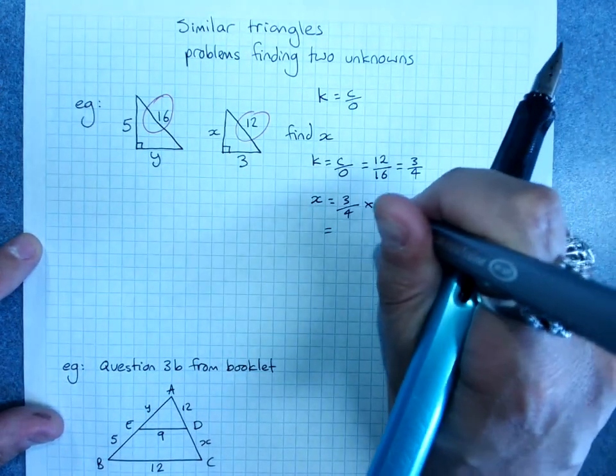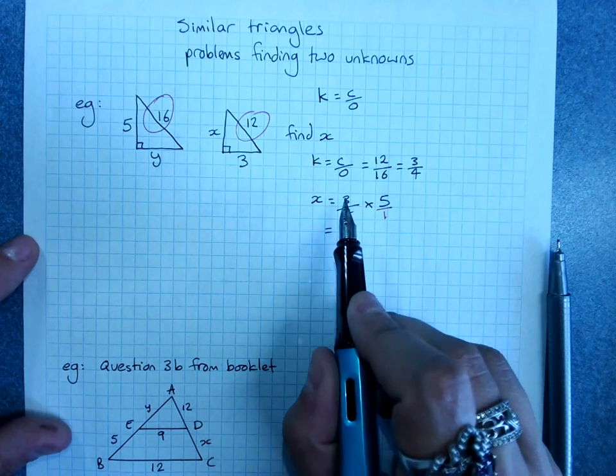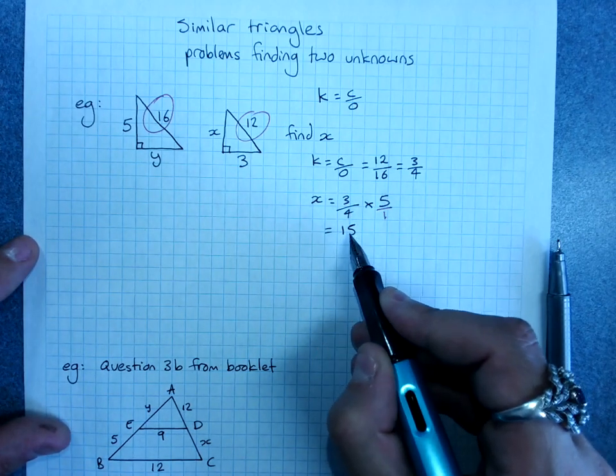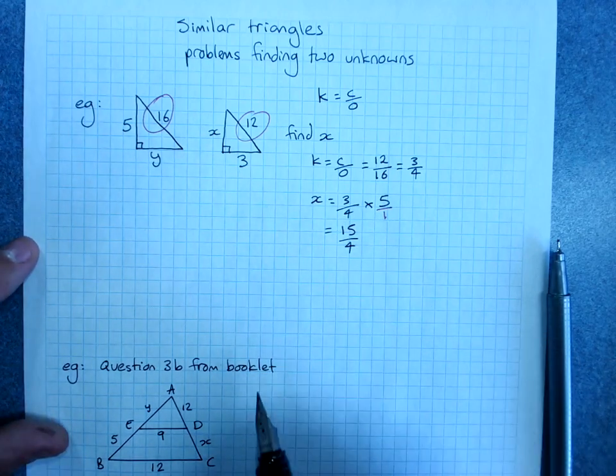This is a whole number, that's 5 over 1, and when we're multiplying a fraction by a fraction, we multiply the numerators, 3 times 5 is 15, and the denominators, 4 times 1 is 4, and we get 15 over 4.